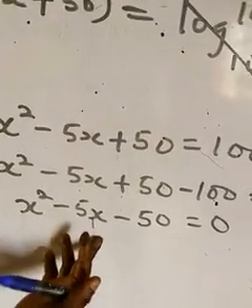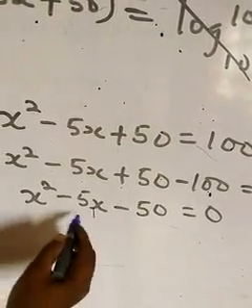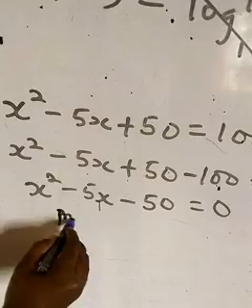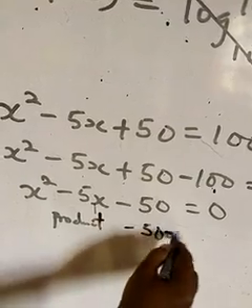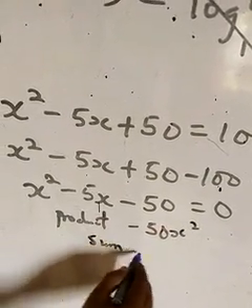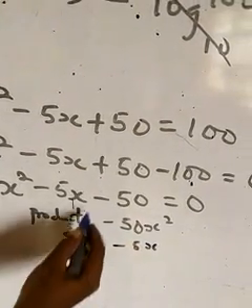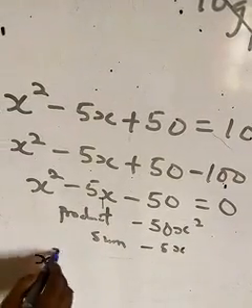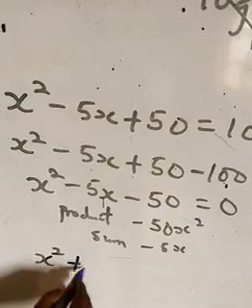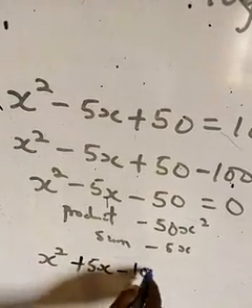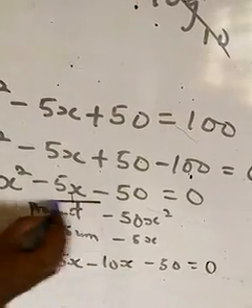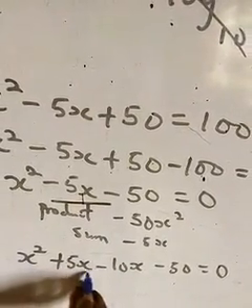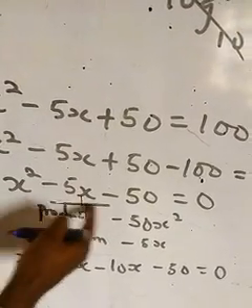This is minus 5x. I told you that, you know here that my product is what? Minus 50x squared. While my sum is what? Minus 5x. Now, I replace this with something. What do I replace it with? X squared, we now get plus 5x minus 10x minus 50 equals 0. Because I know that plus 5x minus 10x gives me minus 5x.